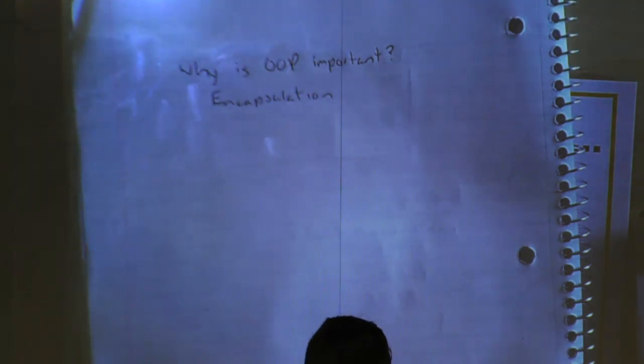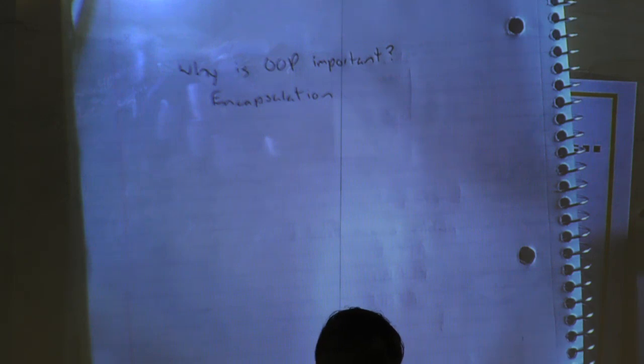The general answer to this question is because you can use something called encapsulation. And this sort of gets to what I was talking about before with why when I visualize the properties of a class, I draw it inside of a box.